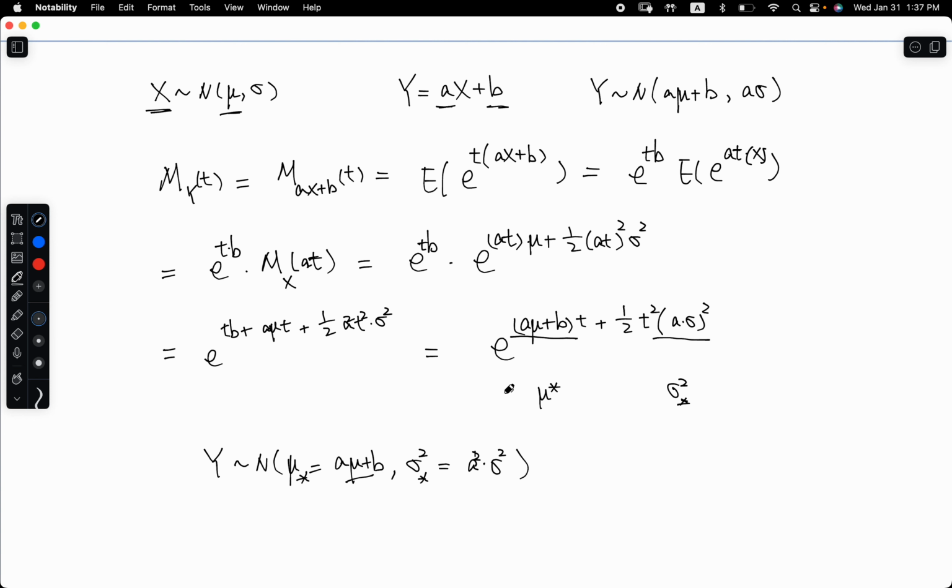You probably want to take the square root to refer to the standard deviation. Because of the uniqueness theorem, you can just read off from this form to recognize that it shares the same form as the moment function of a normal distribution. So you have this new mean and variance.